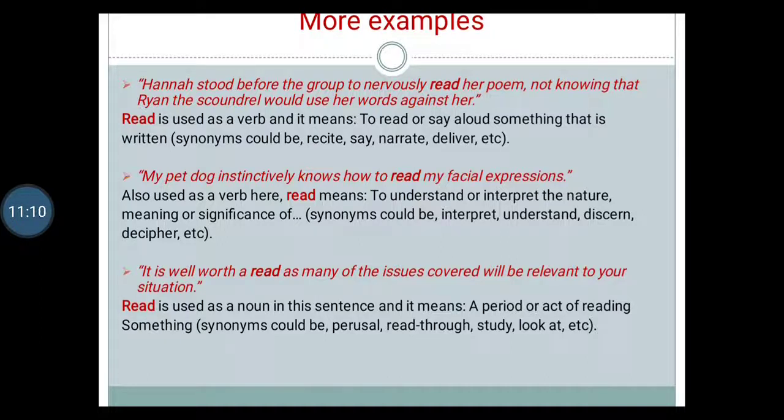Now, in the first one, when he was reading his newspaper, he didn't have to read it aloud. But here, read means something being read aloud. Okay, and the synonyms of read here could be to recite, to say, to narrate, to deliver.